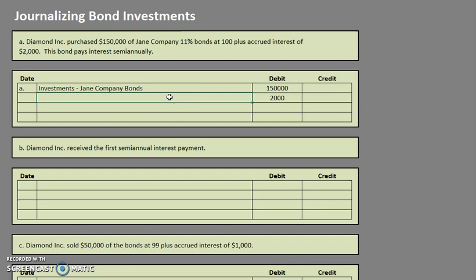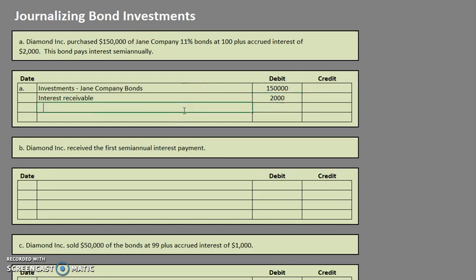Now this $2,000 is for interest, and since we did not own the bonds while this $2,000 in interest accrued, it's not our interest to have. So what we're doing now is we're prepaying that $2,000 initially, and we will be receiving that money later in the future once we receive that semi-annual interest payment. So once we get to that semi-annual interest payment, I'll go back and I'll reiterate this point.